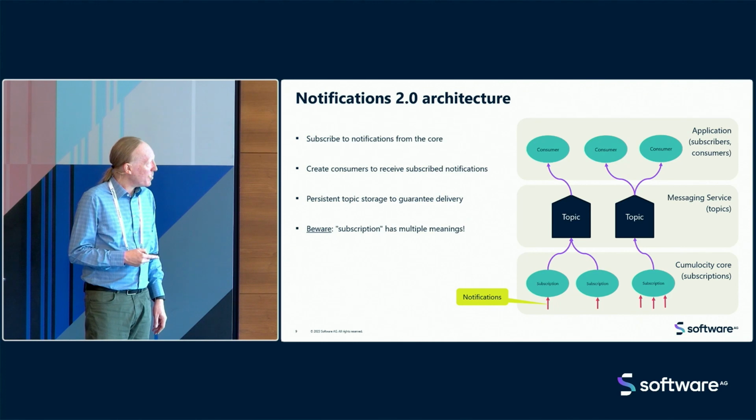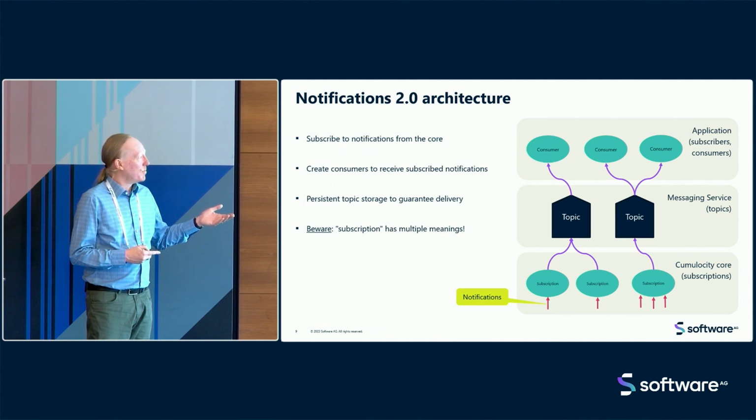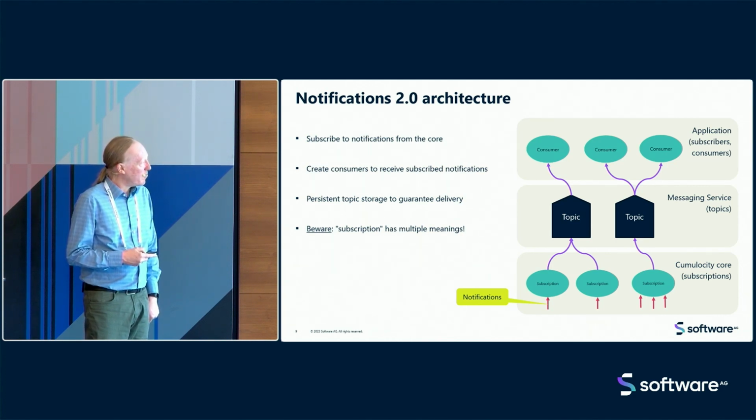And then we move on to the next layer, which is our messaging service, where those subscribed events are pushed into topics within the messaging service. And you can see the idea of the fan-in here, where we've got multiple subscriptions pushing into the same topic. And then the top layer is our applications, where we subscribe to these topics and consume those events.